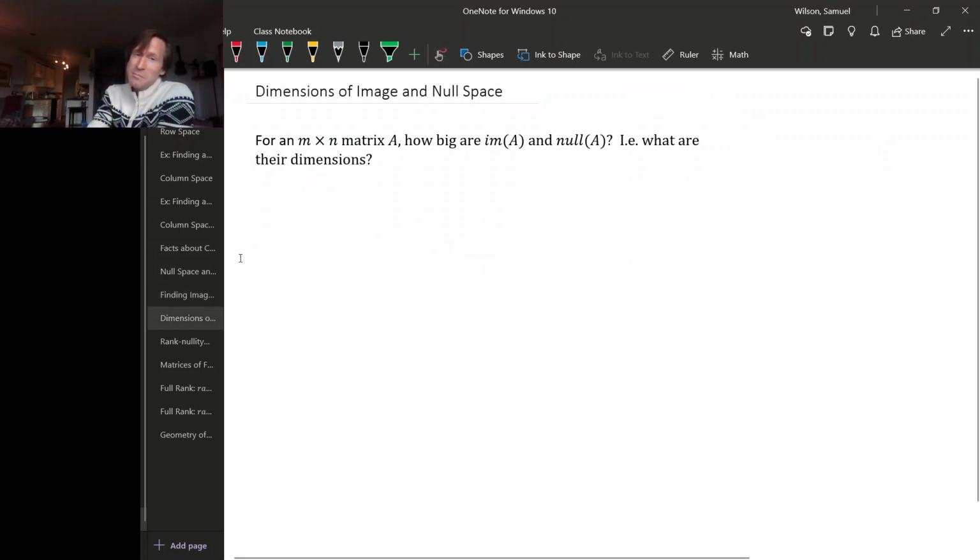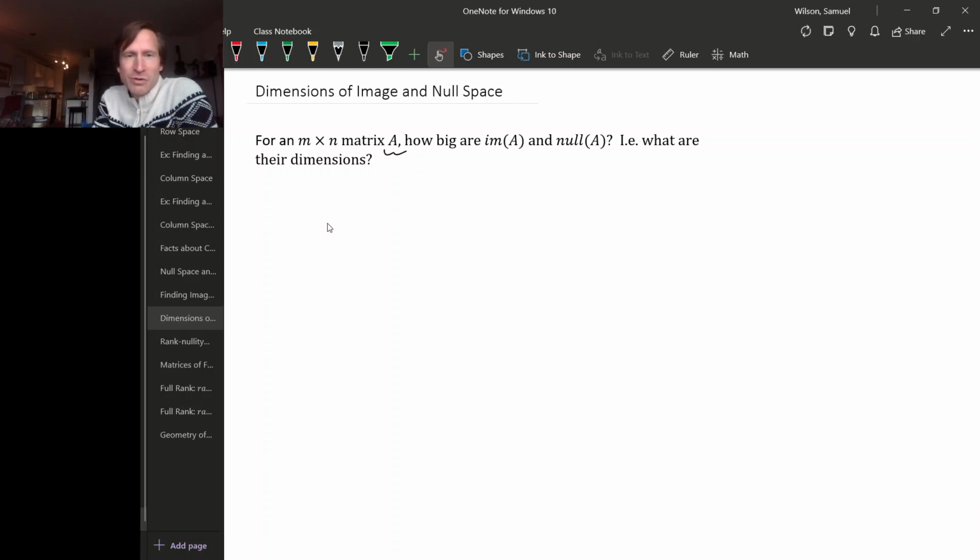All right, well, let's think about the dimension of these things. As usual, we're going to think about what happens when we row reduce this matrix. Since the image is really the same thing as the column space of A, we can find the dimension of the column space by doing a row reduction.